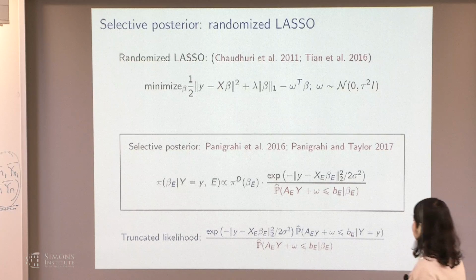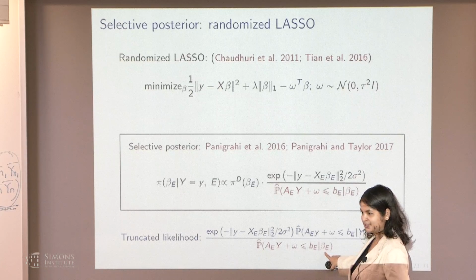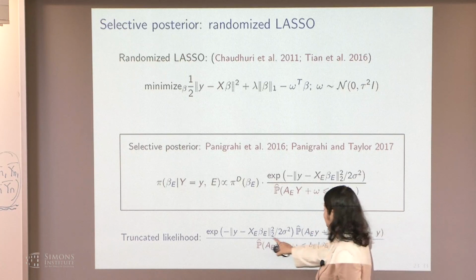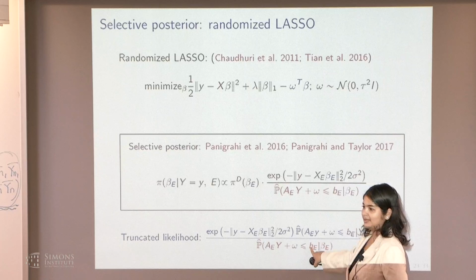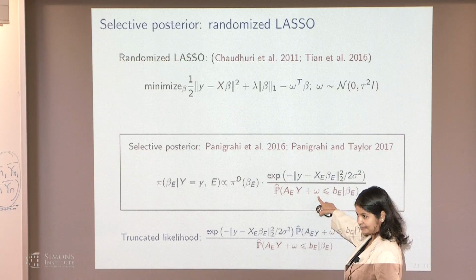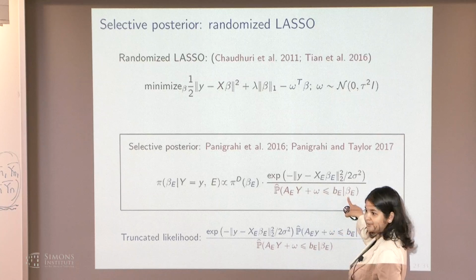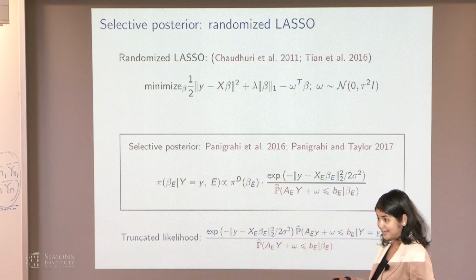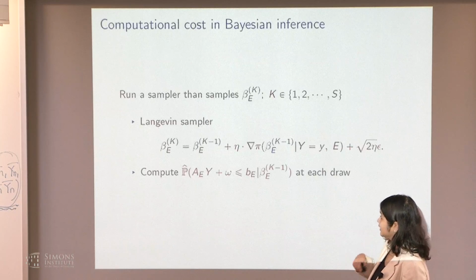But this is not a function of the parameters in your model, so this gets killed. What you have here instead is the selection probability, which marginalizes both over data and randomization, and it's a function of the parameters in your model. So this is a truncated likelihood appended to the prior. Well, is this the right thing to do? That's what I'll show you.